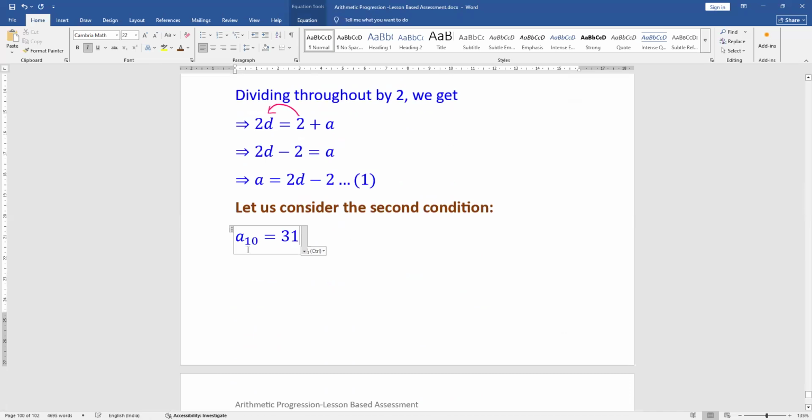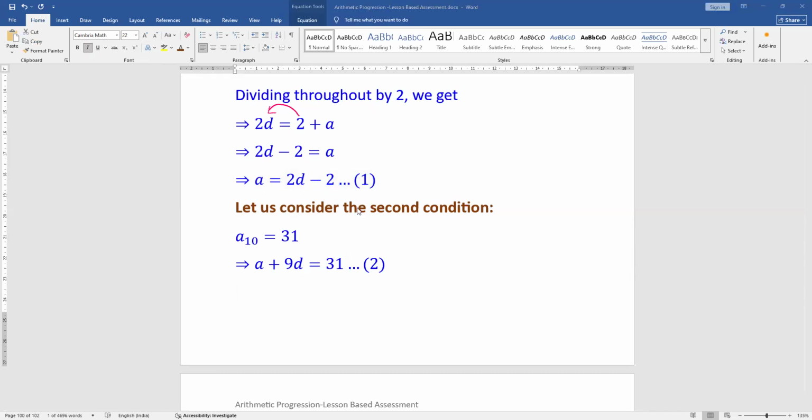Now in my next step, what is A10? A10 you can write as A plus 9D. So I write A plus 9D equals 31. You can call this equation 2. Now we already have the value for A. A is 2D minus 2.